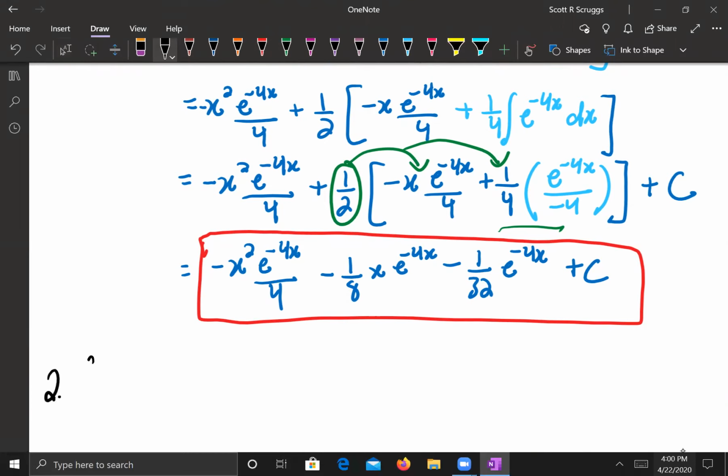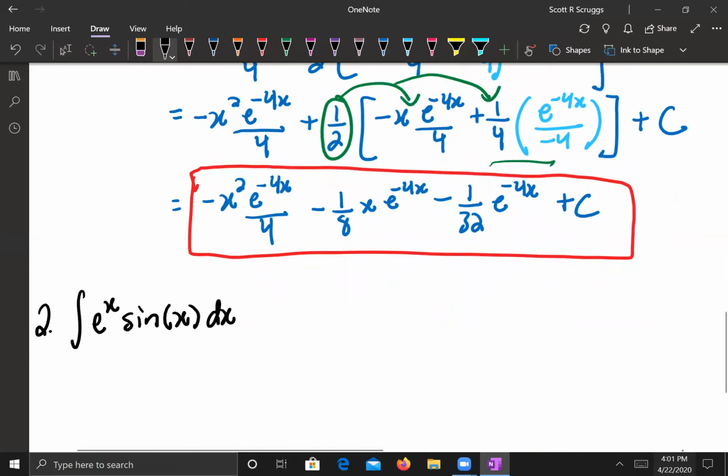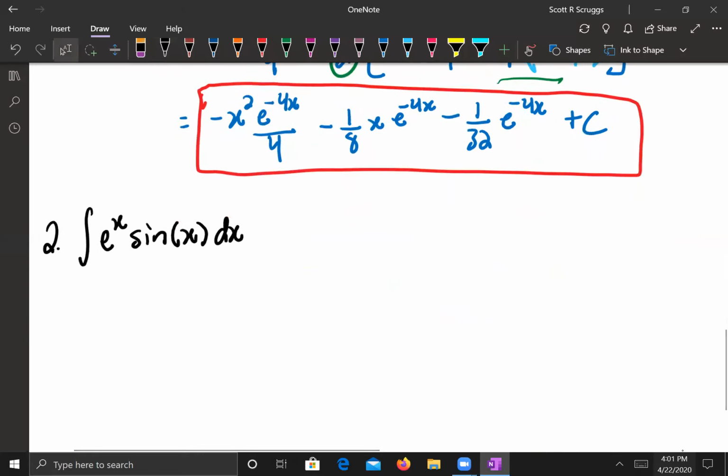So for the second problem, I'm going to integrate e to the x times sine of x dx. And I'm going to let y'all know right now that we're going to loop, and during my integration by parts, I will get back to the original integral. So let's work through this together and see how we can tackle those types of problems.